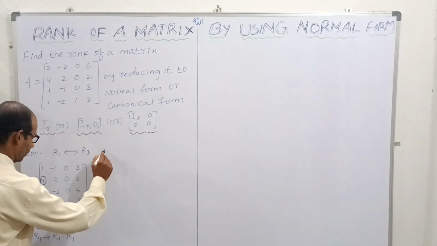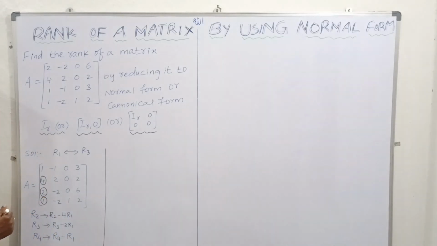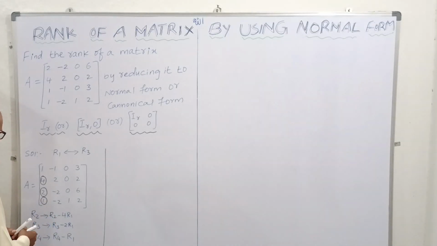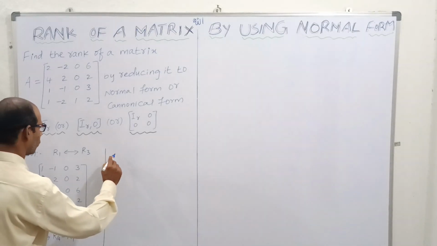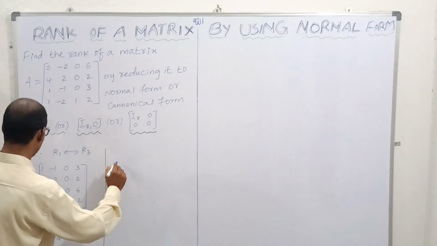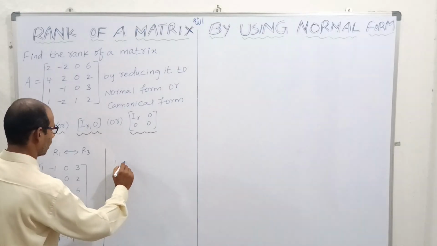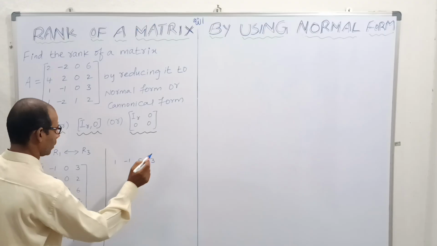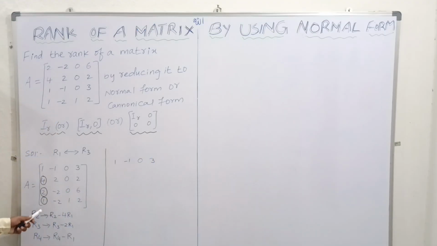So now let us see what happens. It is changed as: R1 is the same, no change, so 1, minus 1, 0, 3. Now for R2 we apply the operation R2 minus 4 R1.